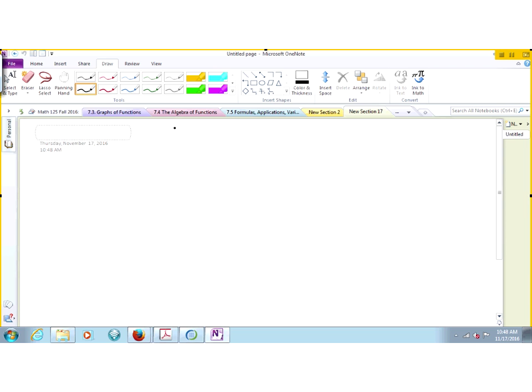So 12.5 is common logarithm and natural logarithm. Okay. So what is the common log?